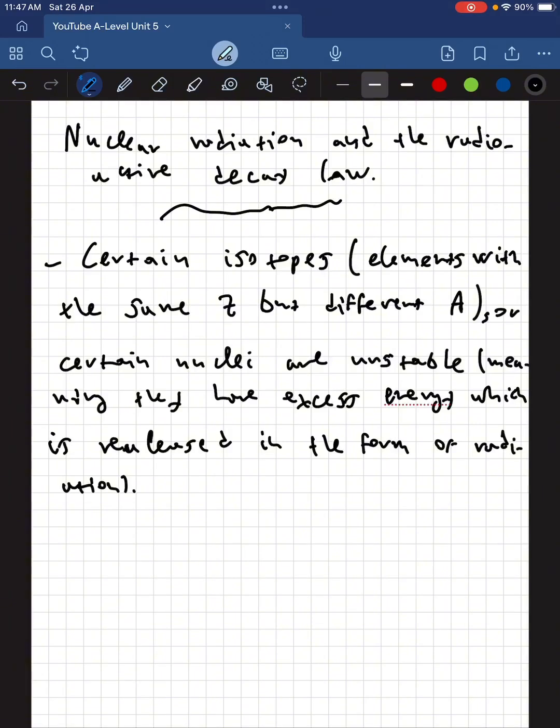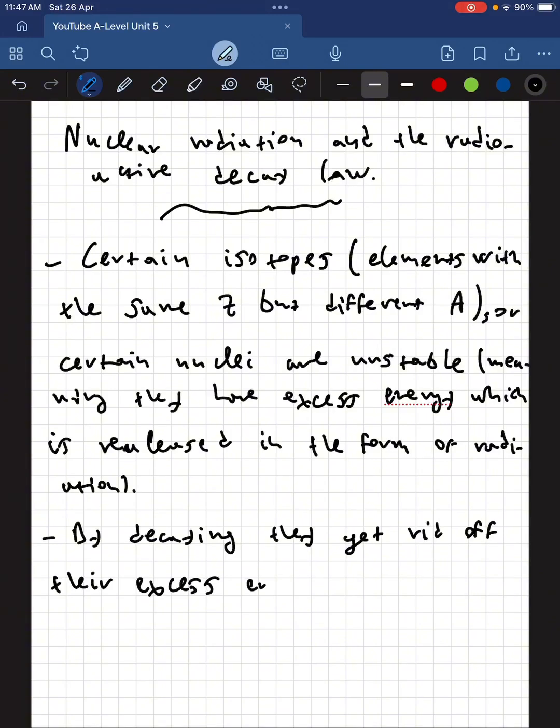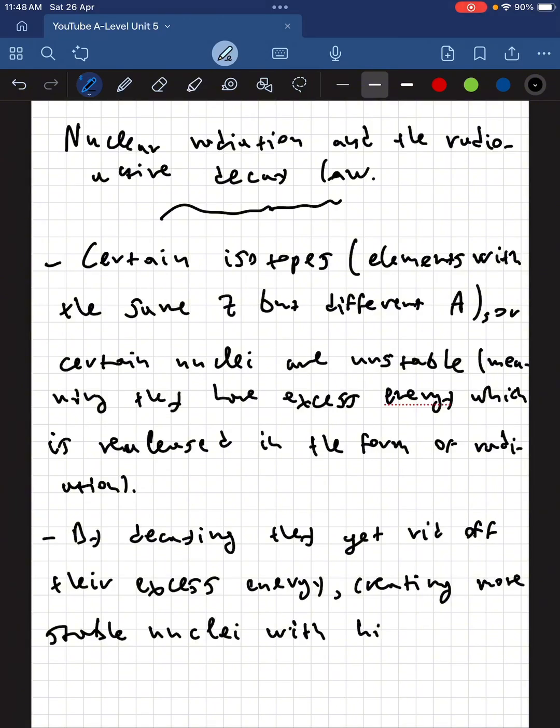Okay, so by decaying, they get rid of their excess energy, creating more stable nuclei with higher binding energy per nucleon.